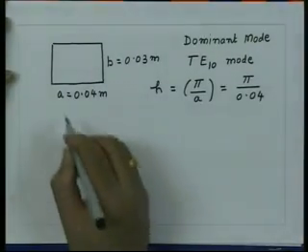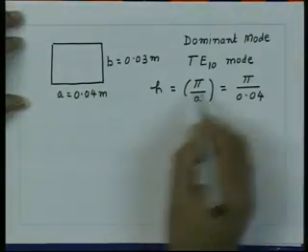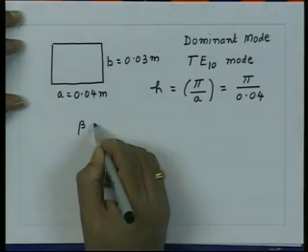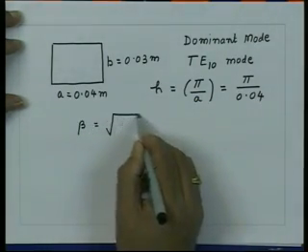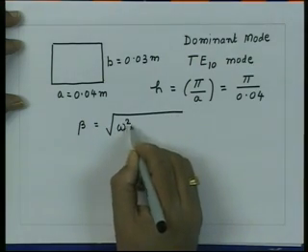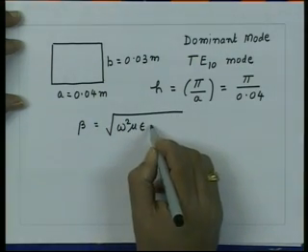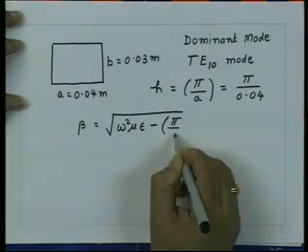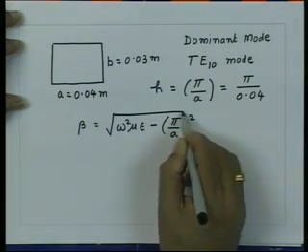Once we know this, then we can find out the phase constant for this mode on this waveguide. So, that is beta, that will be equal to square root of omega square mu epsilon minus pi upon a whole square.